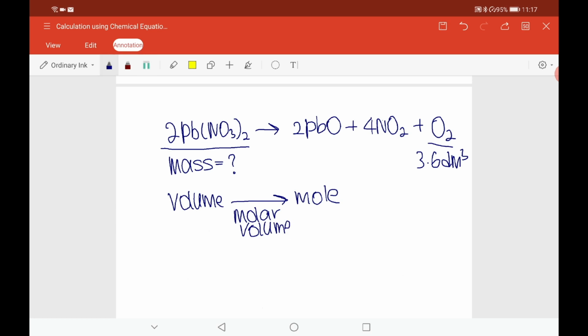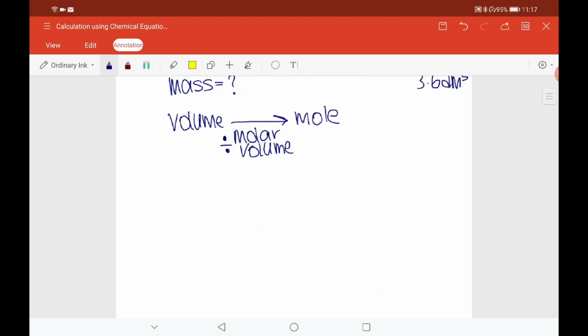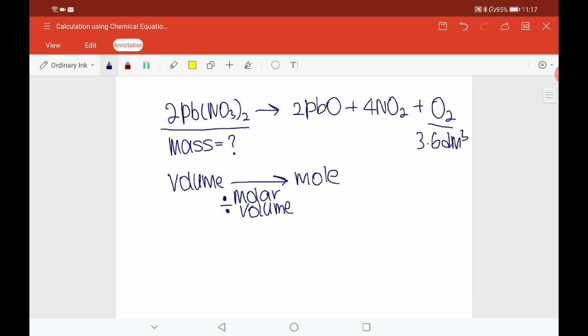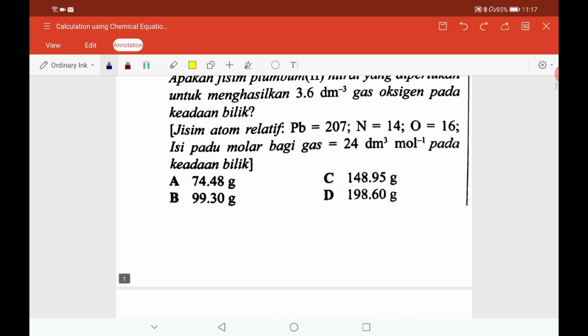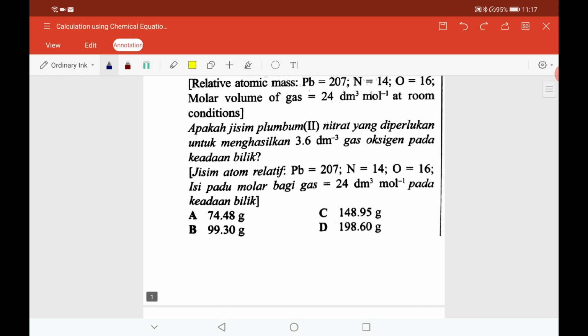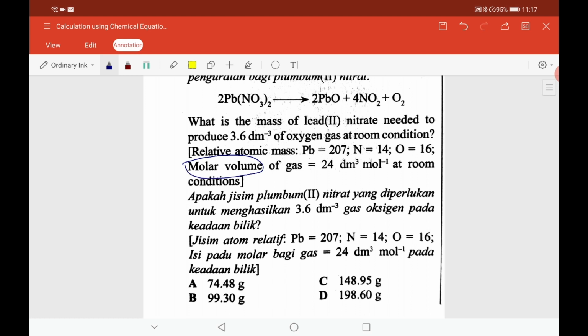Since we want to find mole, anything converted to mole, we divide. Then we put in the values. What is the volume we have? Our volume is 3.6. Divide by the molar volume. Let's check the molar volume. The question tells us that the molar volume is 24.